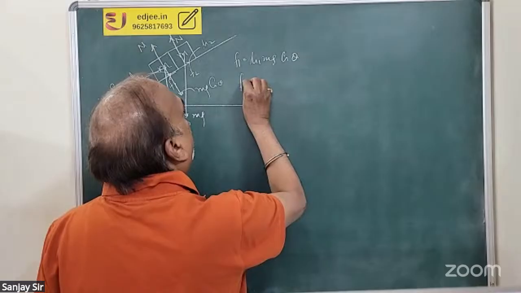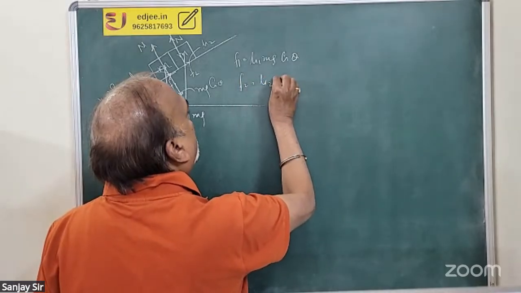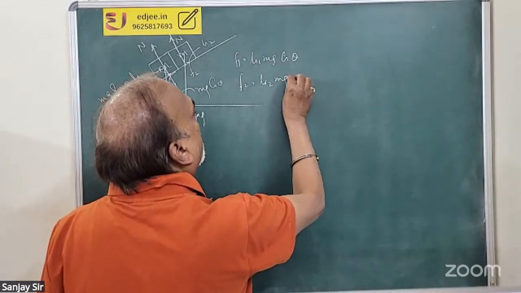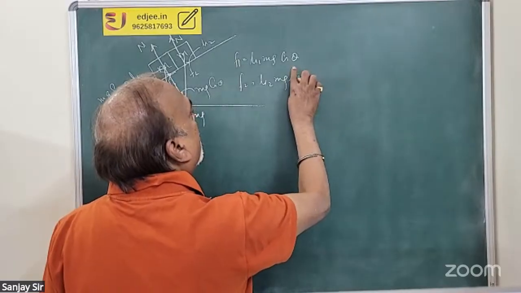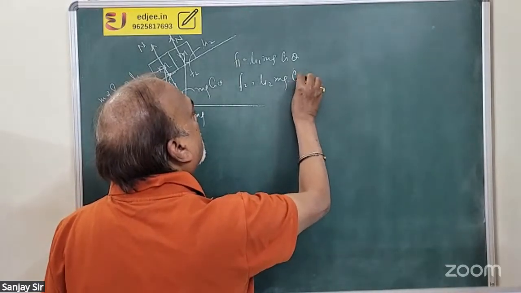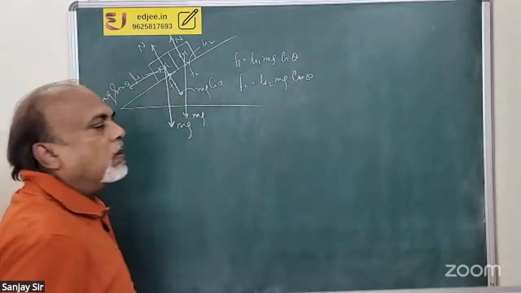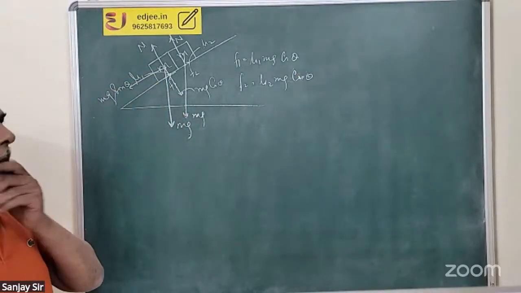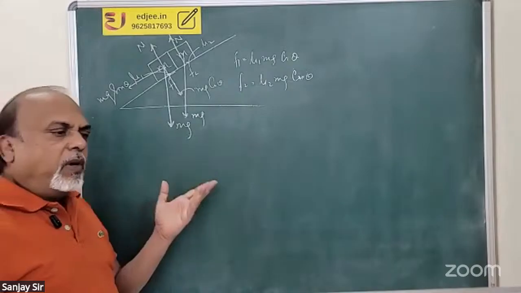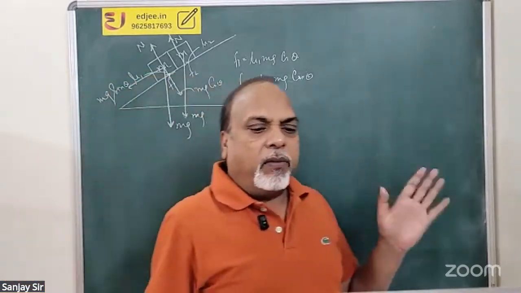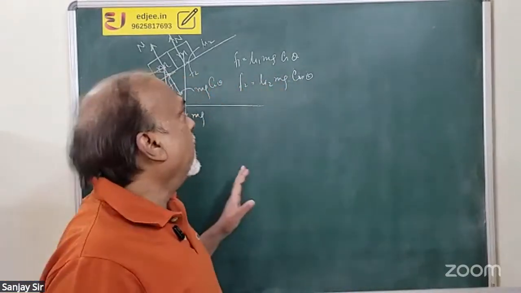Here F2 will be mu2 mg cos theta. The masses are the same. It can be different also, but I have taken it for simplicity.